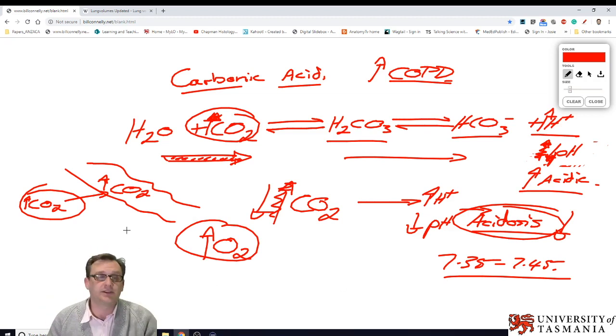Okay, so how does this relate to the neural control or the respiratory control centers? Now, the one thing I can't tell you off the top of my head, and I feel bad because I'm a neuroscientist, is exactly where those control centers are. I know they're definitely in the medullary region, but I can't remember exactly what they're called.